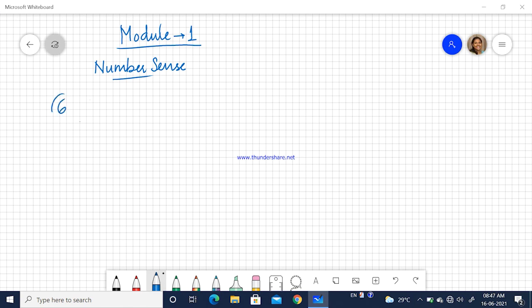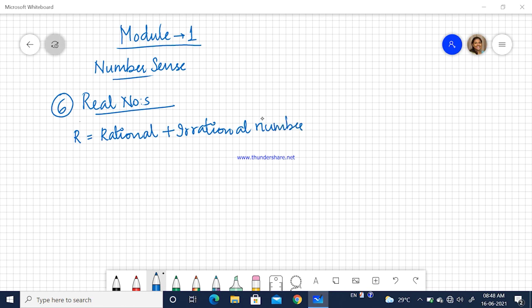Real numbers are expressed by the letter R. Rational numbers together with irrational numbers form the set of real numbers.